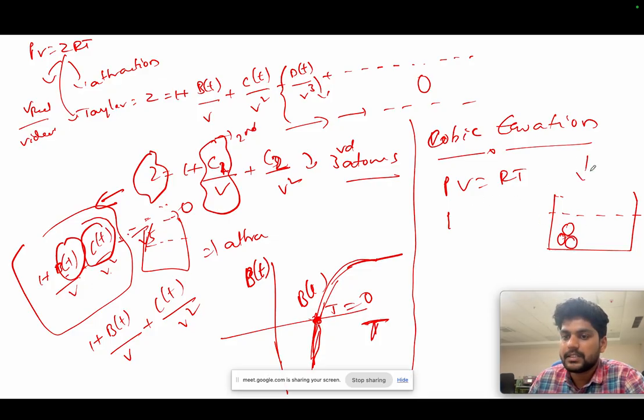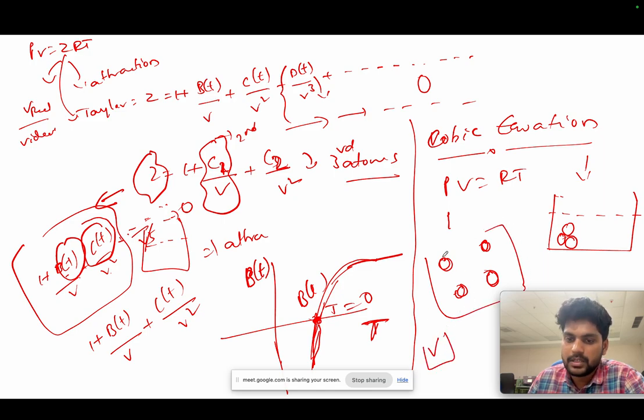As the volume is lesser, there will be more occupancy by each molecule in the system. If this is the total volume V, the volume occupied by the molecules will be B, so they removed the molecular volume.